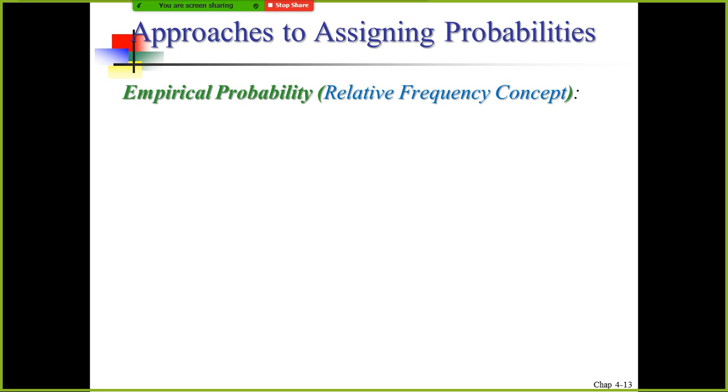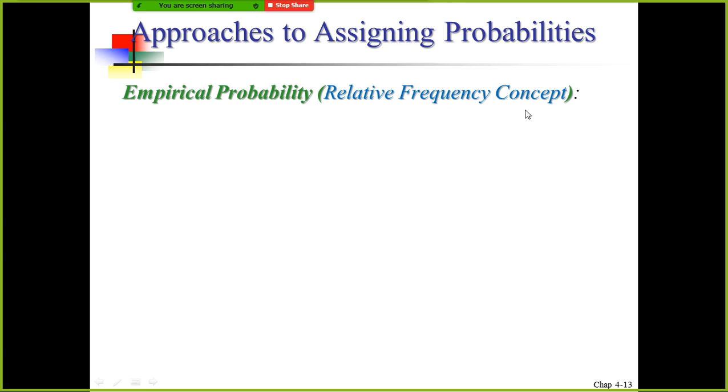Empirical probability. Empirical probability is similar in meaning to the relative frequency concept. We already learned the relative frequency concept in chapter 2, describing data using graphs and tables. In chapter 2 we learned how to make a frequency table and a relative frequency table from qualitative data.